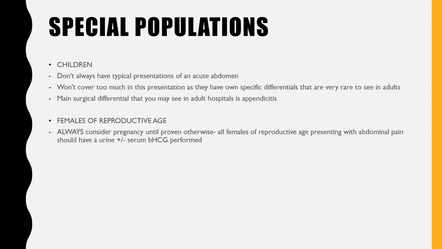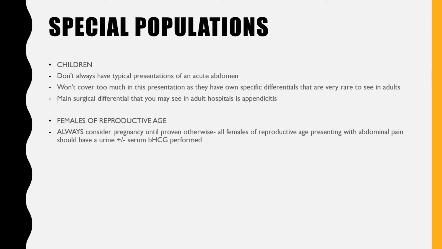Females of reproductive age, I guess females have other organs in their abdomen that could definitely be a cause of their abdominal pain that's really important to consider. And you should always consider that it could be pregnancy or a complication of pregnancy that is causing the abdominal pain.